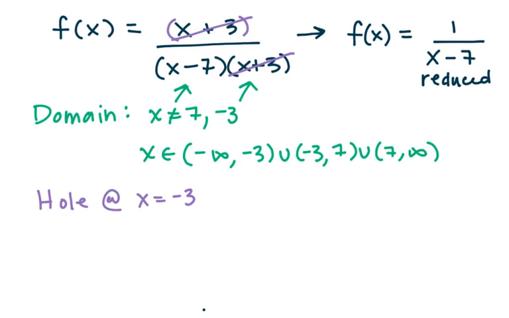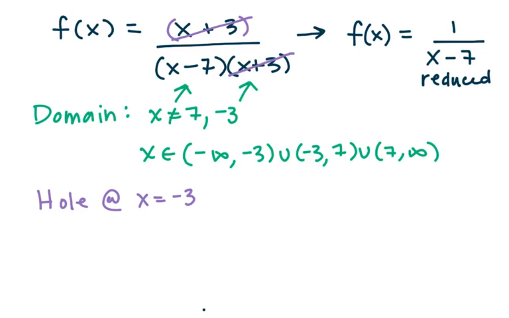Now, if I want to find the ordered pair for that hole, I need to plug -3 into the function. The issue is I can't plug -3 into my original function because I would get 0 in the denominator. So we have to plug -3 into the reduced version.